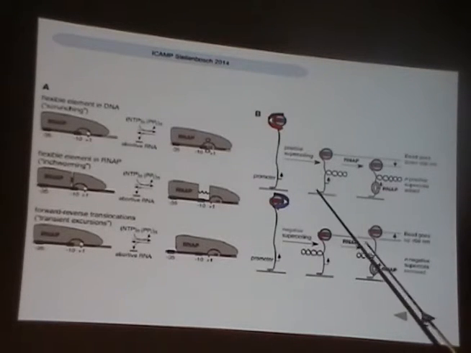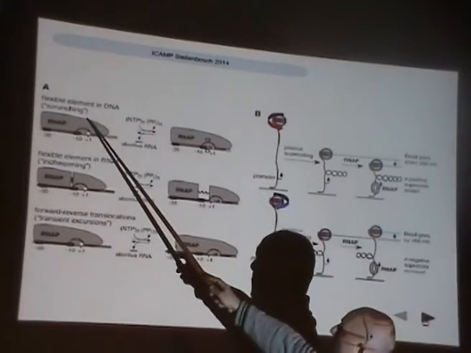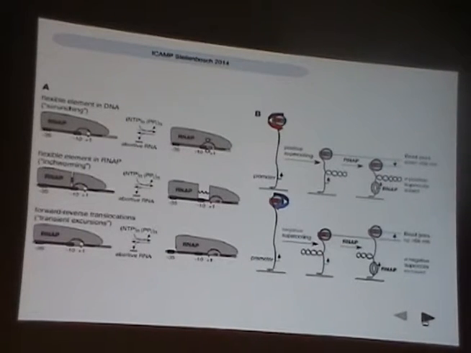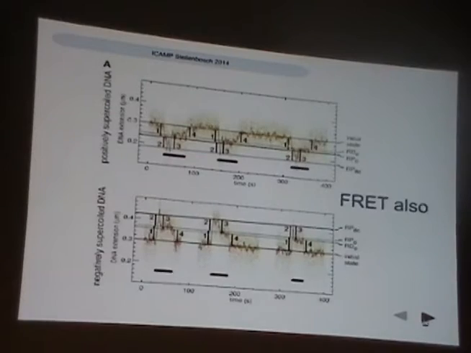The signature of this one is that you have a loop, and if you travel while you are bound, it simply means that you are increasing the size of the loop. So from the previous signal, we were seeing that we would bind, it would shorten, and if we increase the size of the loop, we should shorten even more. And this is what the group of Terence Strick has observed.